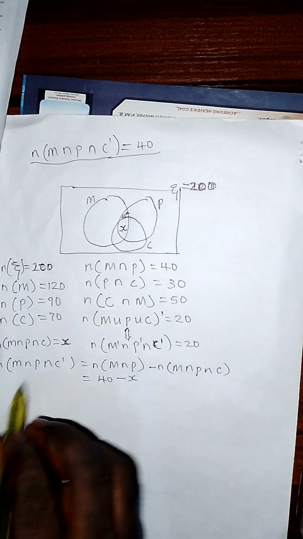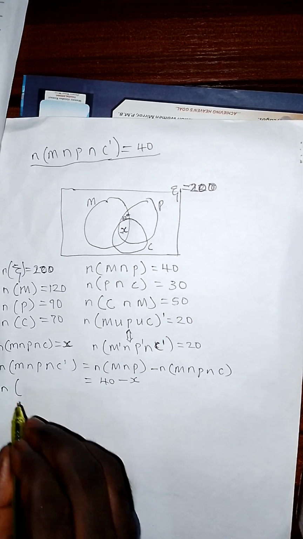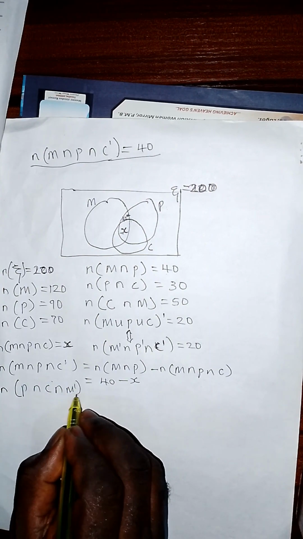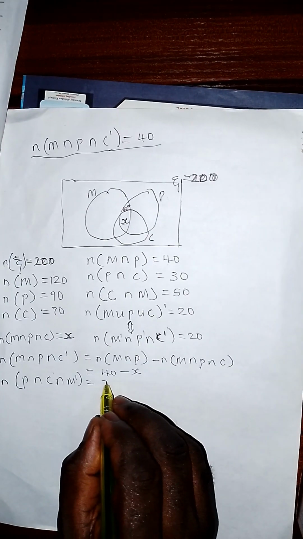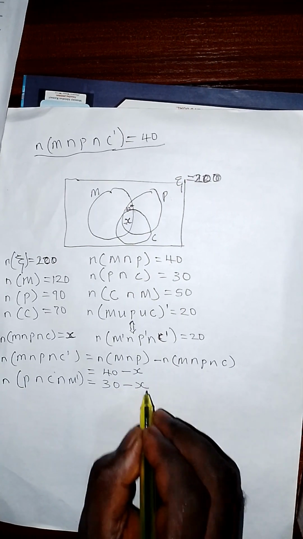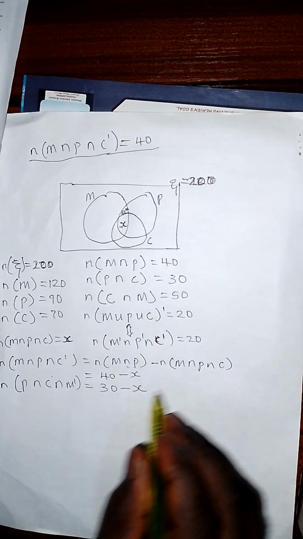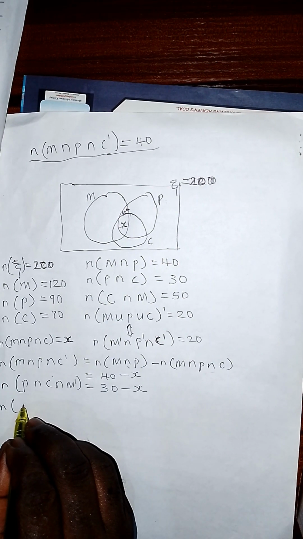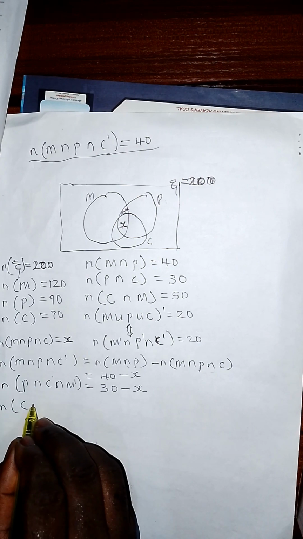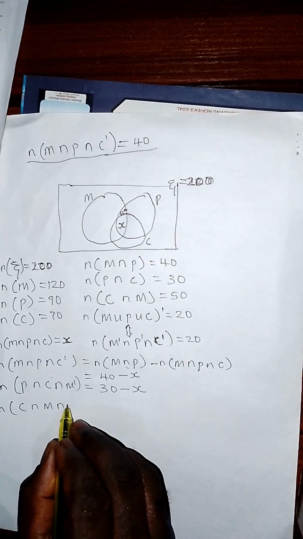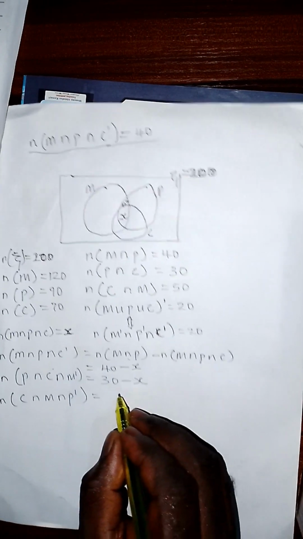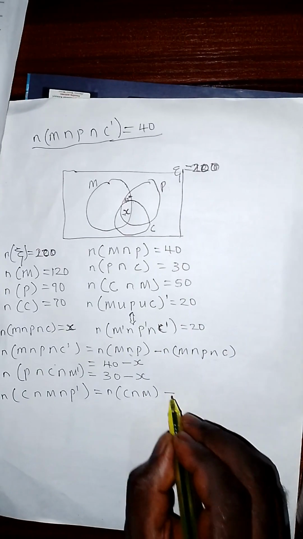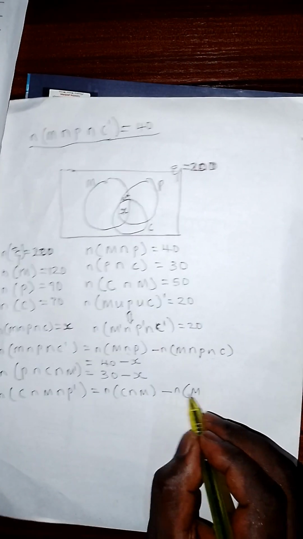Then the number that offer physics and chemistry only, that is 30 minus X, using this formula that I have on the board. Then the number that offer chemistry and mathematics only, following what I just taught, you can still do it. It's still the same thing.